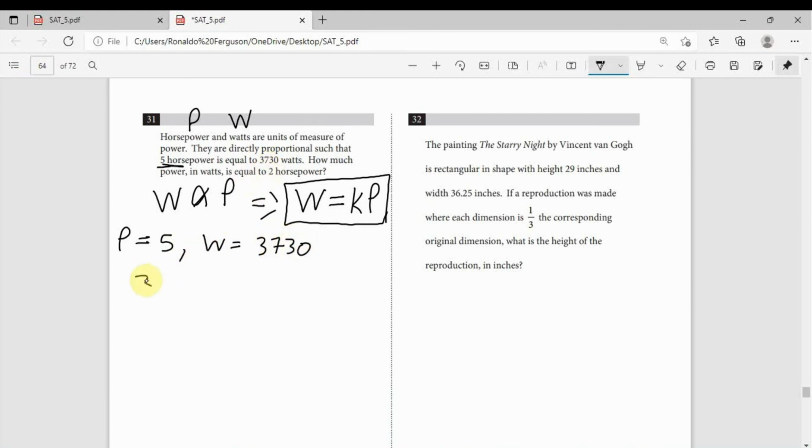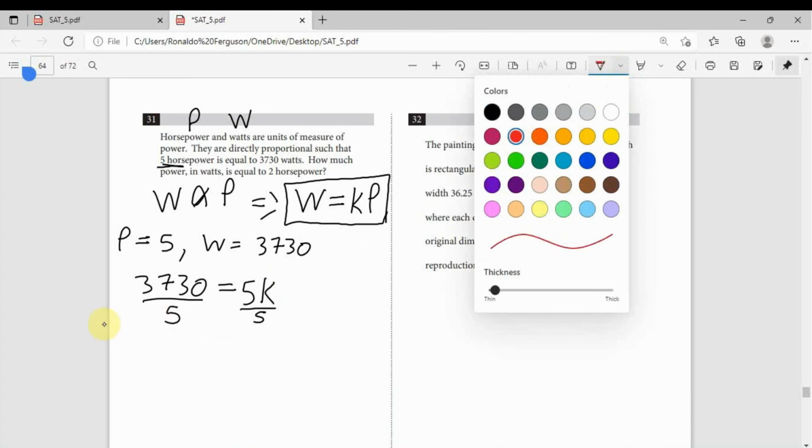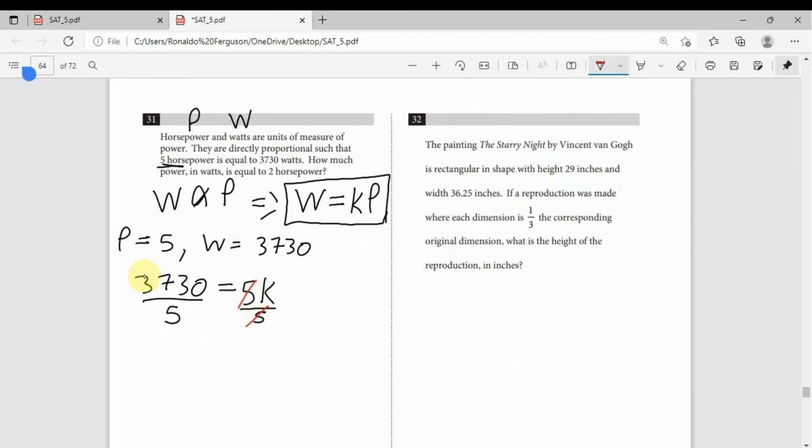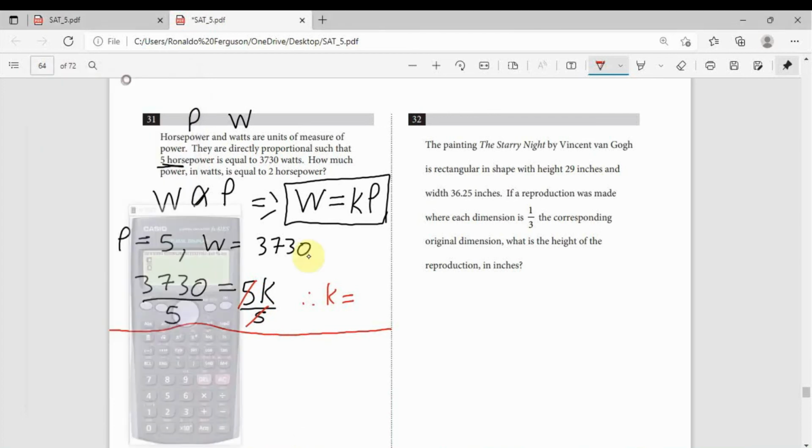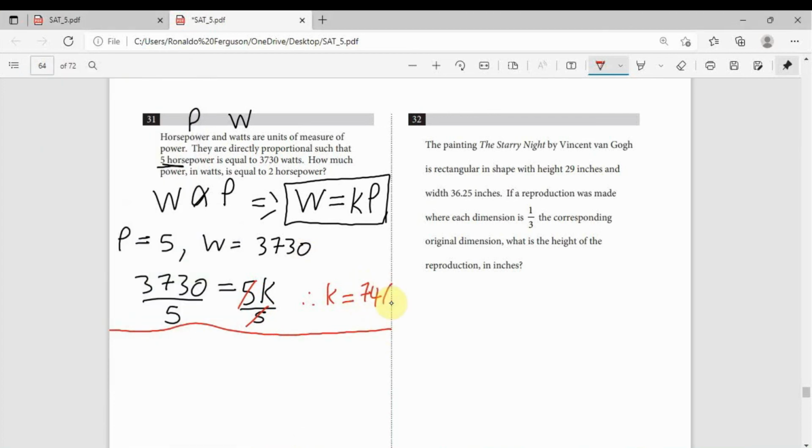In that case, we have 3730 equal to the constant times P. P is 5, so that's 5 times our constant K. In that case, we can divide both sides by 5 to find K. Divide both sides by 5 and tell me what we get. 3730 divided by 5, so what do we get for K? 746. All right, good.